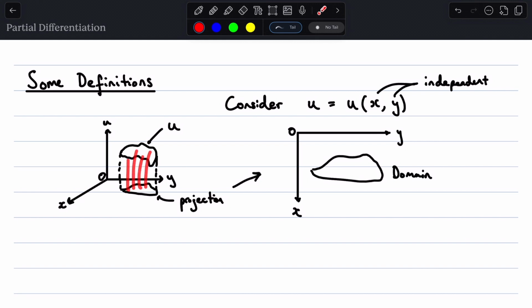And we map that out for our whole domain, and we get this 3D surface, which can be projected down onto the xy plane, and it leads to our projection, which you can see is our domain of the function. It's our possible values of x and y, and they produce our 3D surface u.